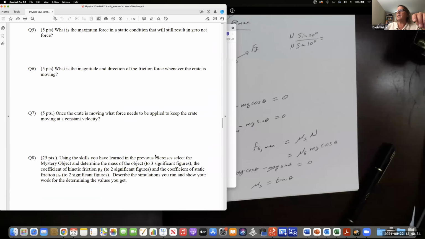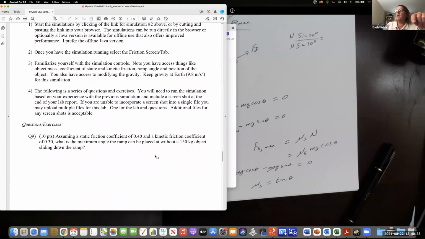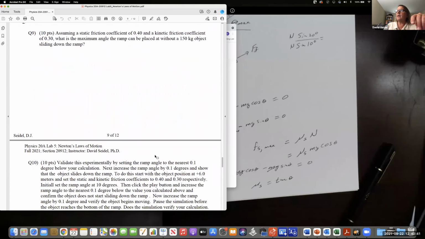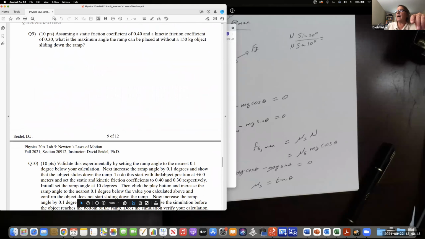Make sure I get through everything we want to get through here. So that gives you the ramp here, so you can do the calculation. You're going to validate it.